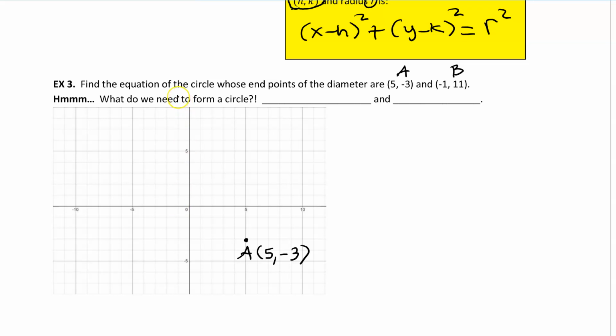Oh no, it goes out of your chart. That's okay. It's right here. Okay, that's point B, and point B is negative 1, 11. If you connect those points, that is your diameter.